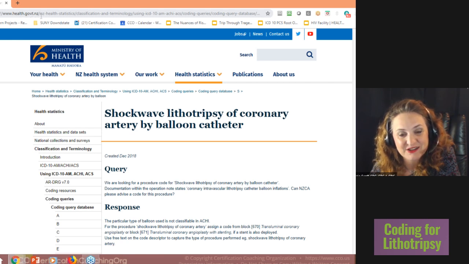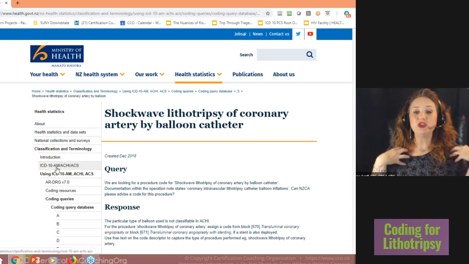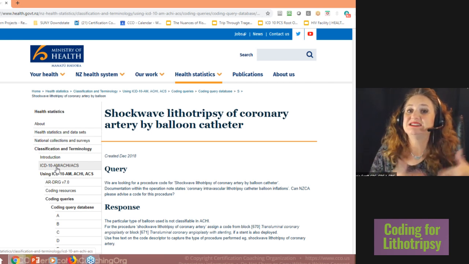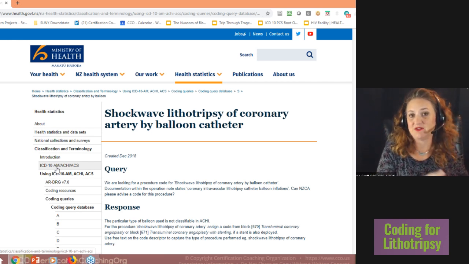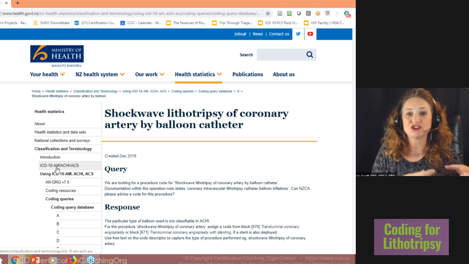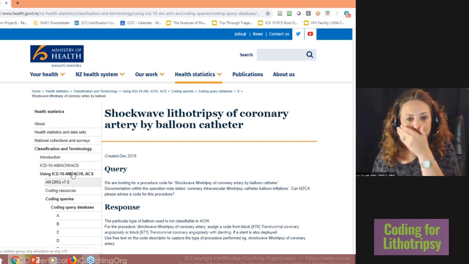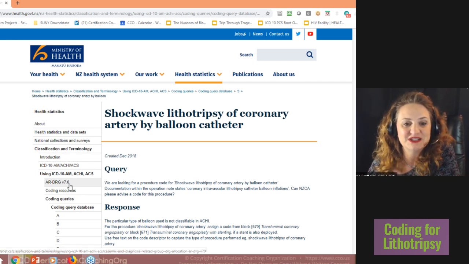All right. So when you come up here and look at the website, health.govt.nz, New Zealand, their code set is the same one that Australia uses, which is AM. So we use ICD-10-CM, which is clinical modification. They use ICD-10 Australian modification, and these others. So anyway, I thought, oh, okay. And they don't use the same DRG we do.